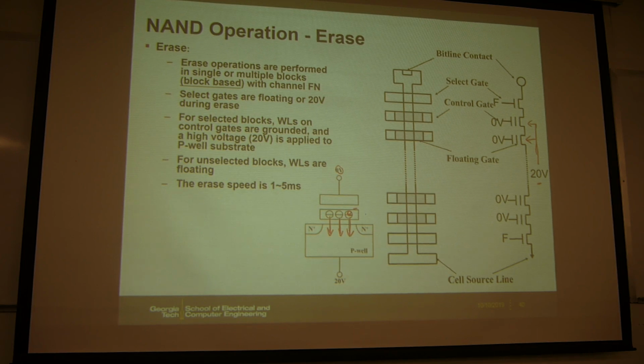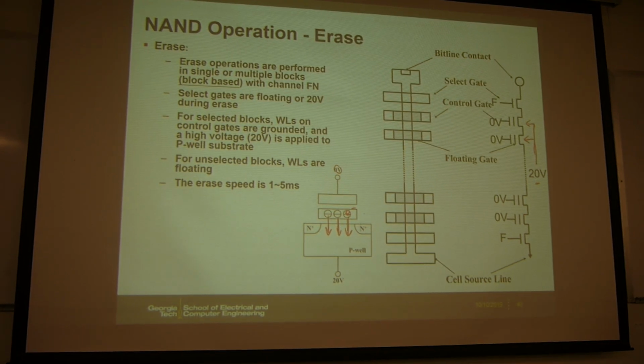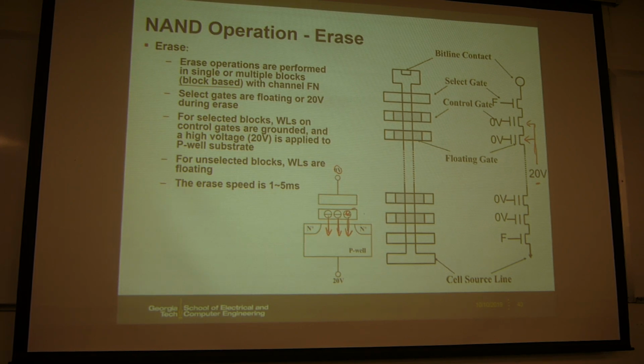So when you apply 20 volts to the substrate, multiple strings, let's say the whole block, substrate is 20 volts. And this word line is across the whole block. So the whole block will be erased. And typically erase time is like a few milliseconds. It's pretty slow.